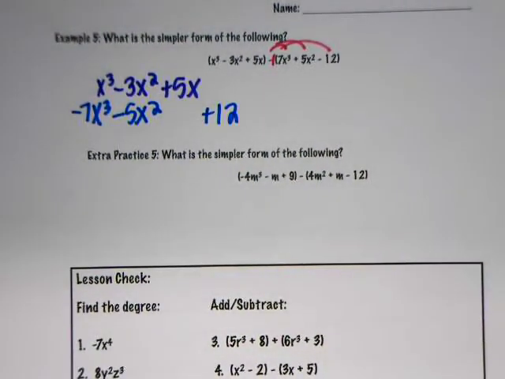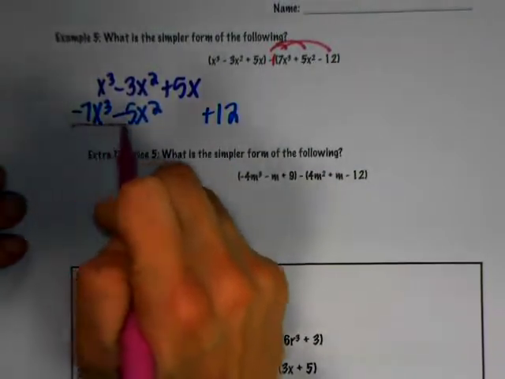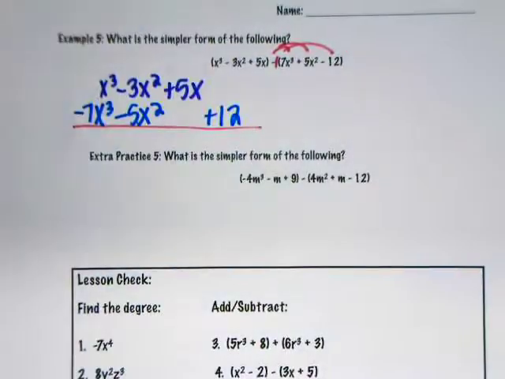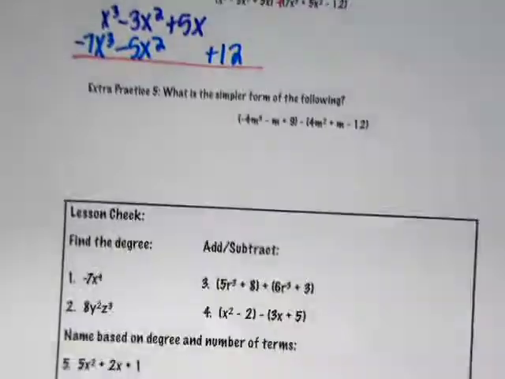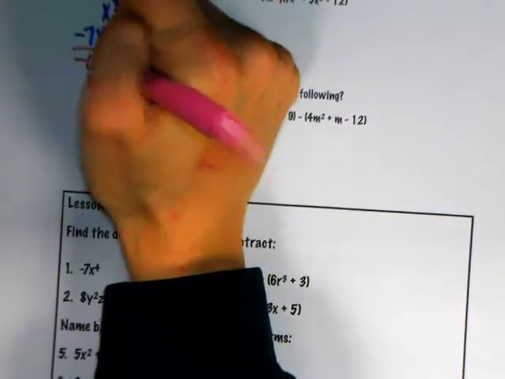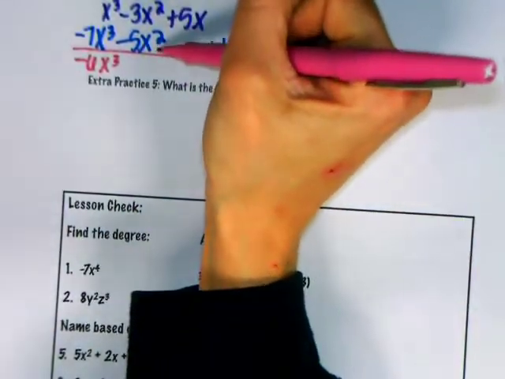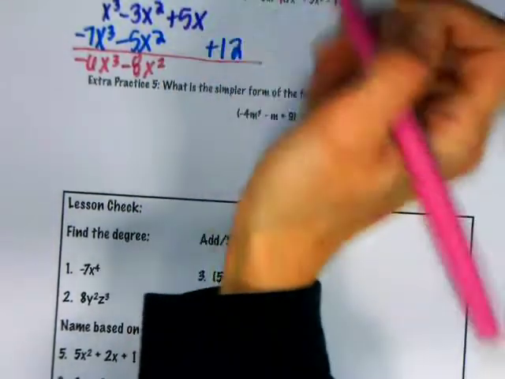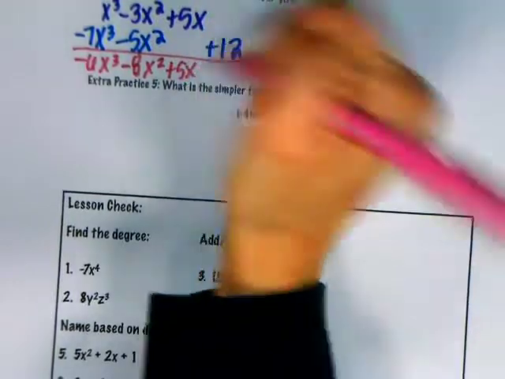And then you can basically just go straight down, add it all up. So what is x cubed minus 7x cubed? Yep, negative 6x cubed. Negative 3x squared, negative 5x squared. Yep, negative 8x squared. Bring down the plus 5x. Bring down the plus 12.